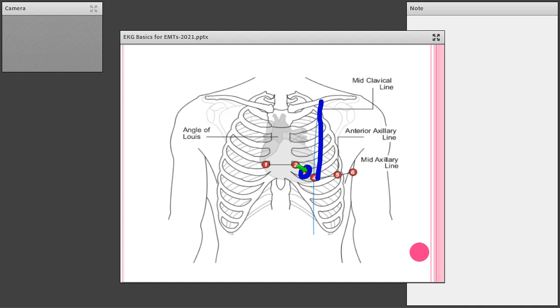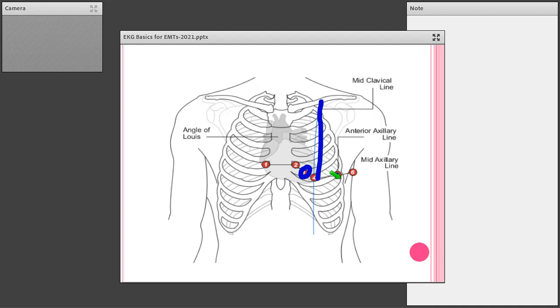We're going to skip 5, we're going to come around the armpit, kind of at the same level, so we're still in the fifth intercostal space, in the mid-axillary line, so essentially on the side of them. And then number 5 will go between the two.